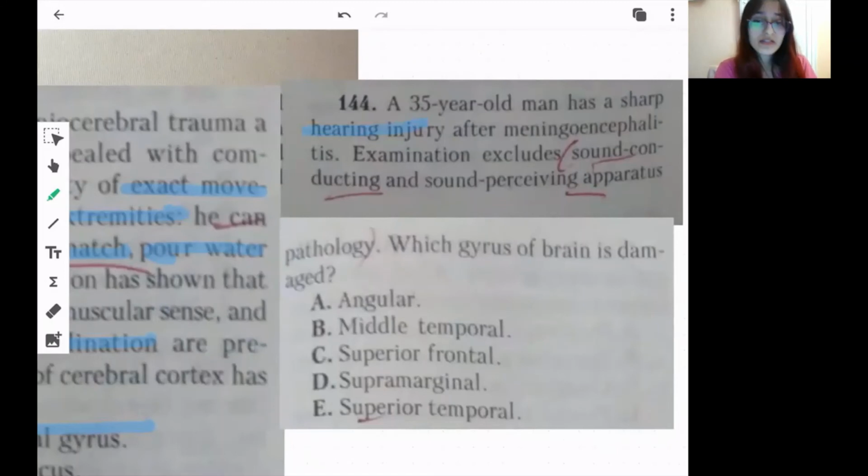So they are saying that the nerves and all the parts of the ear don't have any pathology, but the person still can't hear. So why? Because maybe there's damage in the gyrus and not in the ear or in the nerves. So the answer is what? Superior temporal gyrus, because it is here where the primary auditory cortex is located.